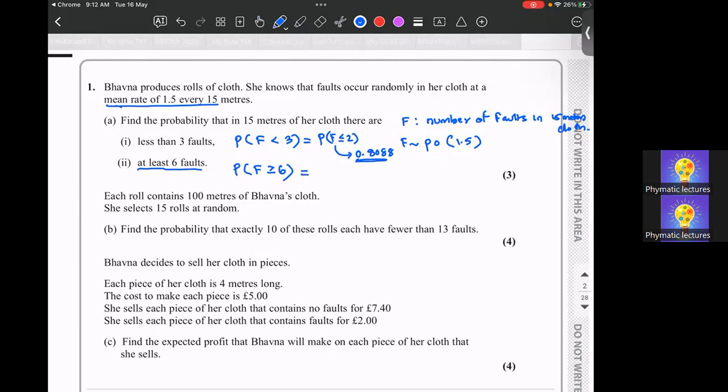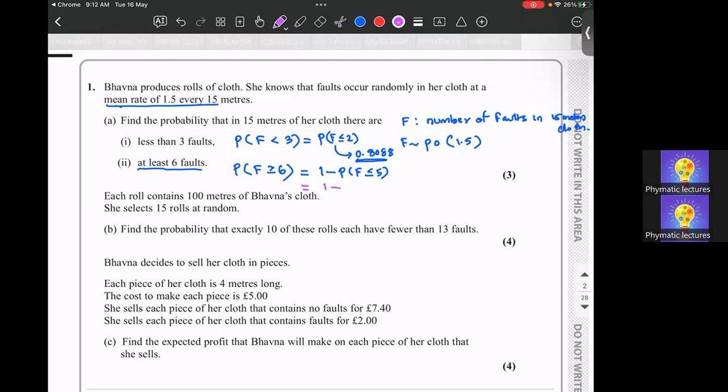So instead, what we should do is 1 minus probability of F less than or equal to 5. Then lambda value 1.5 and x value 5. You just go to the same cumulative Poisson distribution table, and then you input that value here.